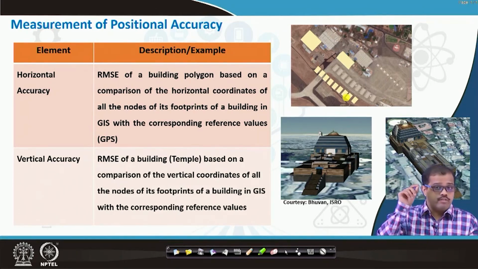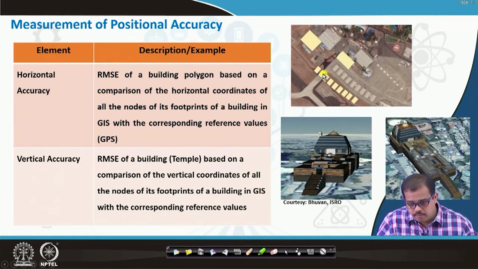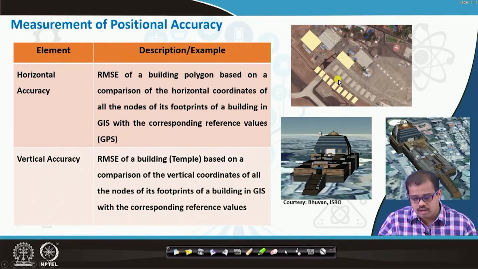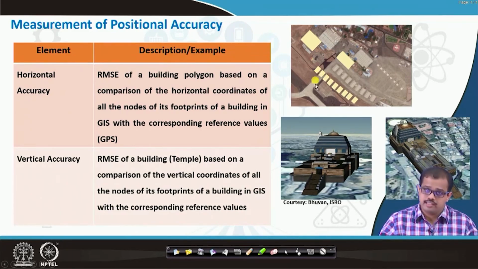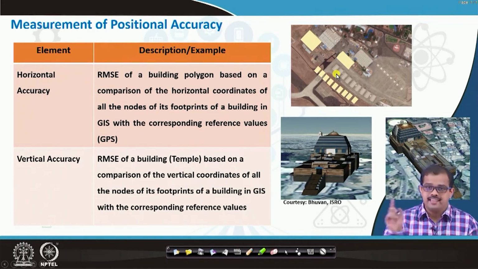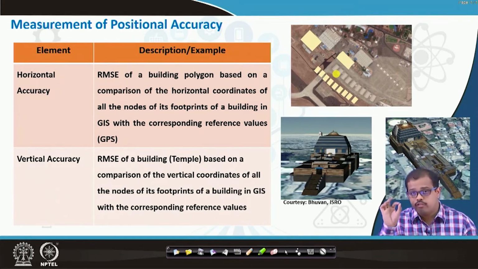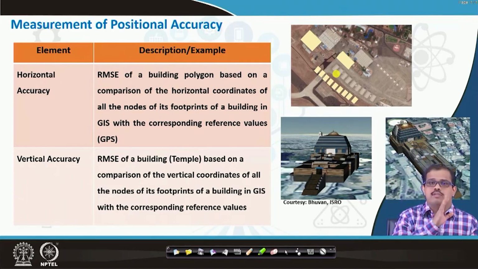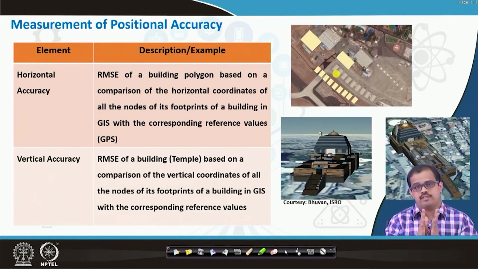Okay, so you have to look at the corresponding points here. Look at the horizontal coordinates first of all of these buildings, or look at the sample number of these buildings, then look at the nodes of footprints or the coordinates of those nodes of the footprints, match it to the real world, you know what is the difference.